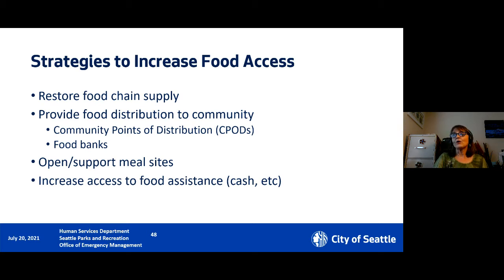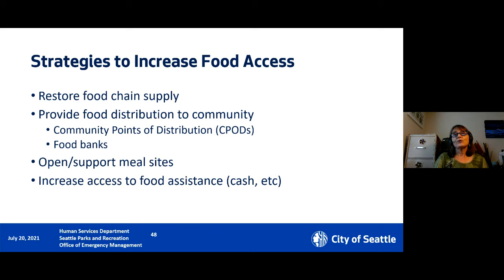Also, opening or supporting meal sites available to the public and increasing access to food assistance. So this can include additional cash and food benefits. Basically, what we're doing is using strategies that include everything, literally including the kitchen sink. It's a public-private partnership.